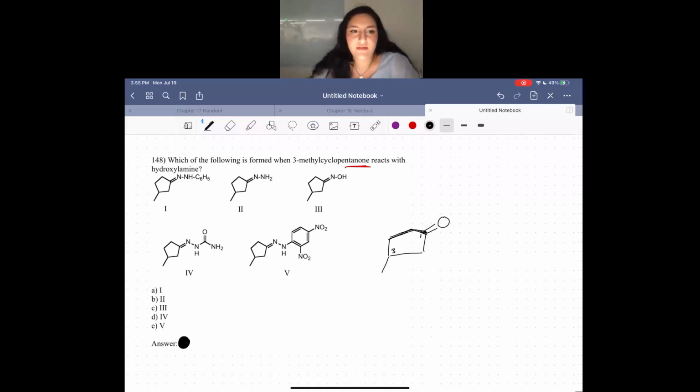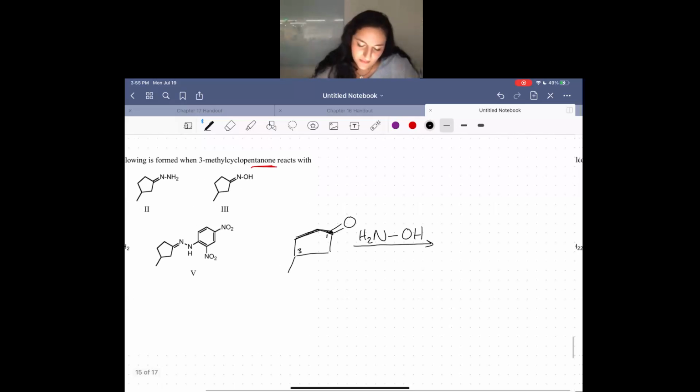All right, so we're reacting that with a hydroxylamine. So a hydroxylamine gives you what product? An oxime. Perfect. So we cut this off and we add this one.